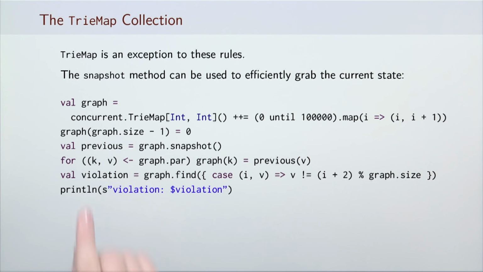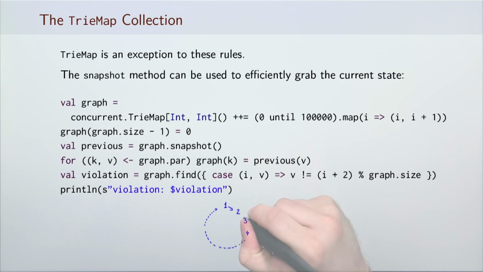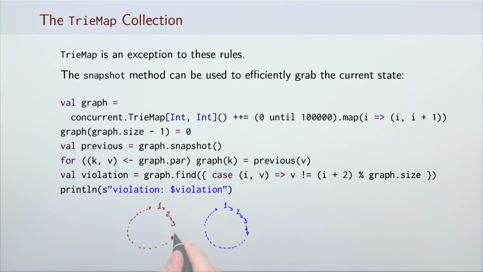In the following snippet, we create a concurrent TrieMap instead of a regular mutable map. This ensures that when the for each loop starts, the graph state is atomically captured. Modifications to the graph are not observed during the traversal, and for each traverses only those node successor pairs that were in the graph at the beginning.